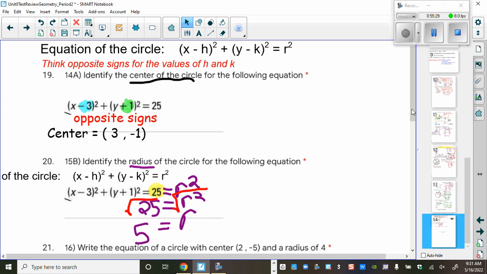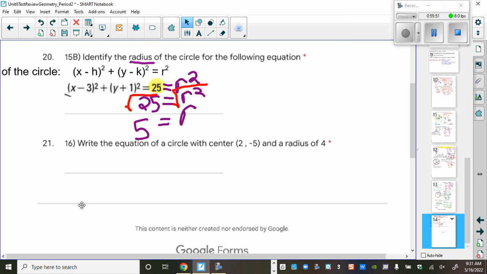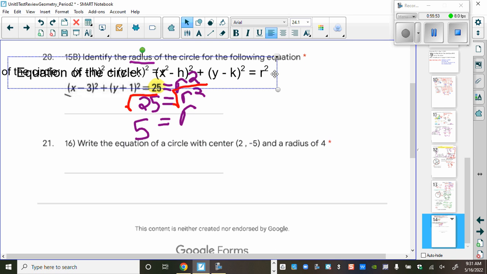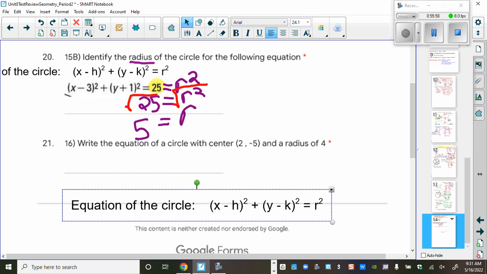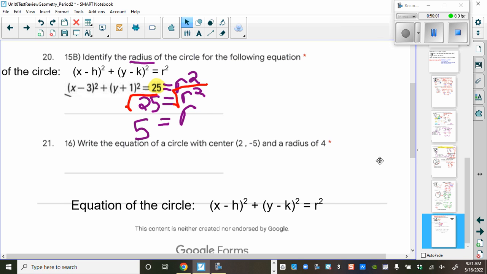Now, if you're going the other way, this last problem, you're going in the opposite direction. I gave you a center with an x and a y, and I'm giving you the radius. Now you need to go Control C. I'm going to copy this. You need this form. That's my center. That's my radius.